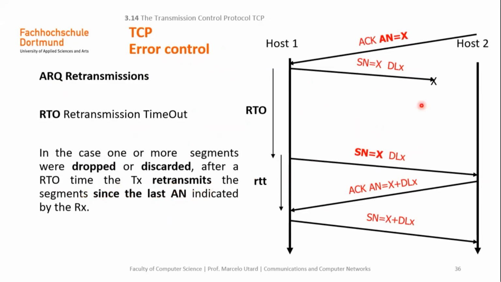Remember that, for instance, as we will see with the use of window, after this segment we could transmit the next segments, but in fact, if this retransmission timeout expires, we need to retransmit the data from X and retransmit all the following segments in order to guarantee that the receiver receives all the data.